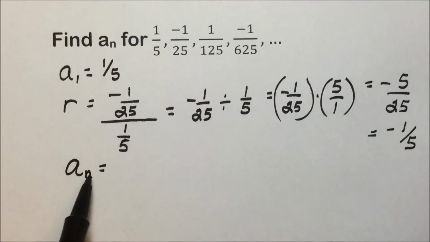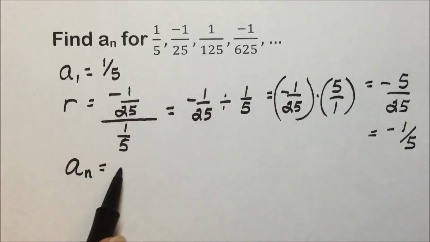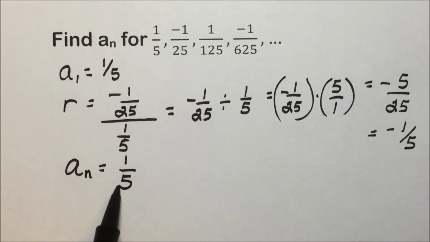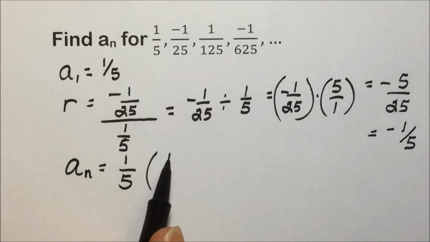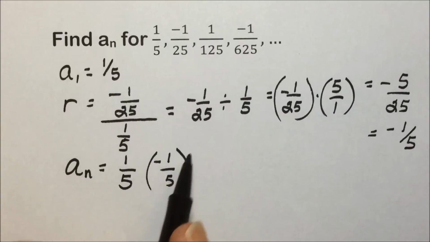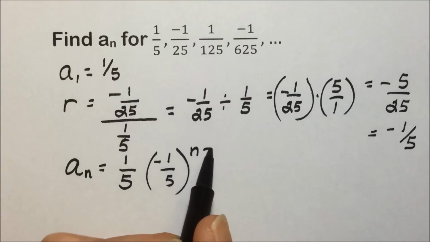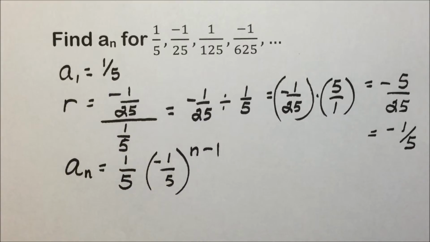The nth term is found by taking the first term, which we found to be 1/5, times our r, which is negative 1/5, raised to the n minus 1 power. We have common bases here, so we can clean this up a little bit, but we do have this negative 1 in here.